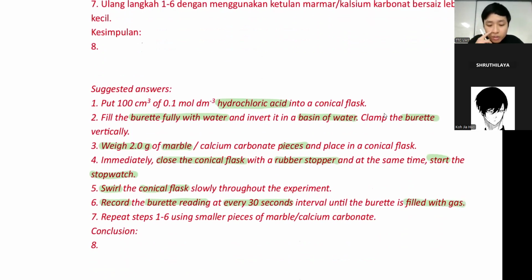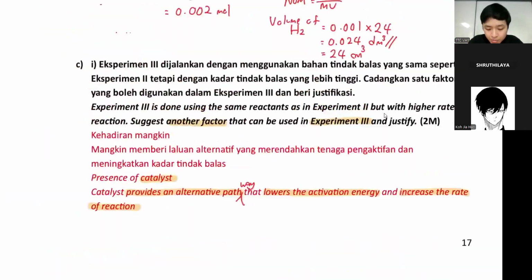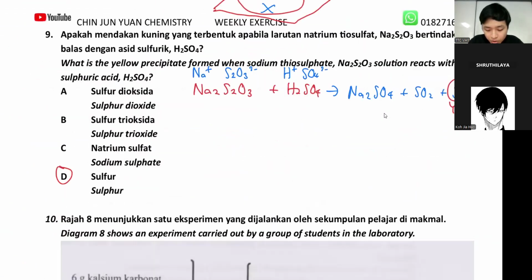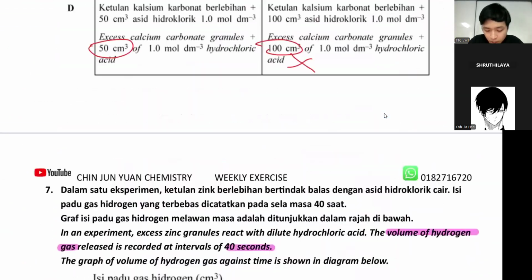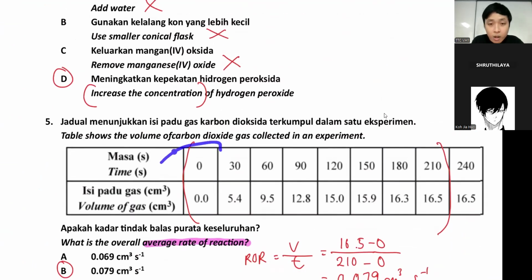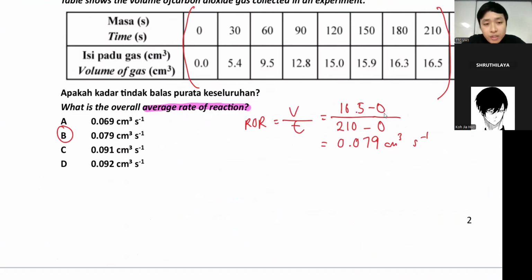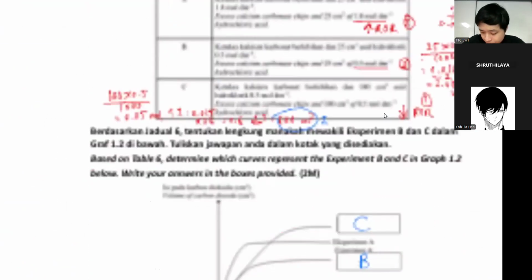Just like how you record the time here, in the objective there is a table, where every 30 seconds they record the amount of gas produced.